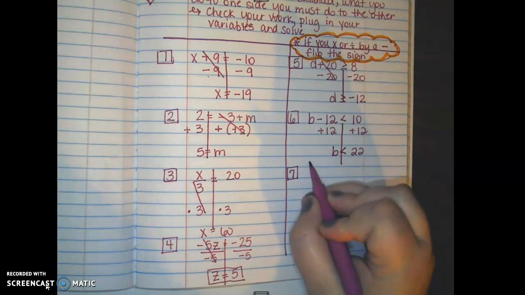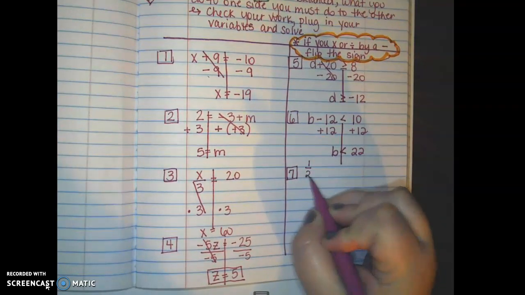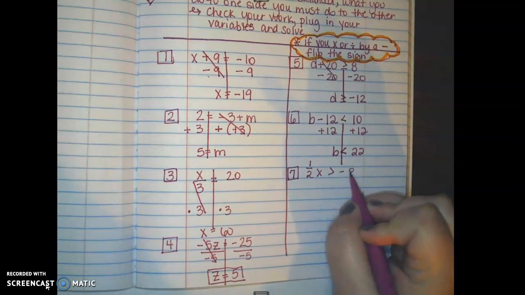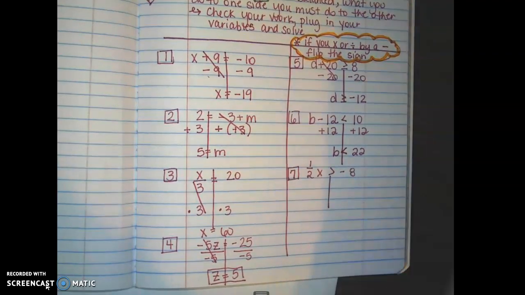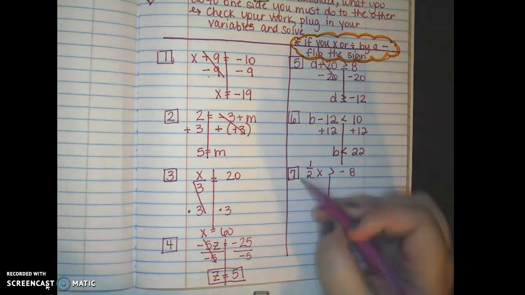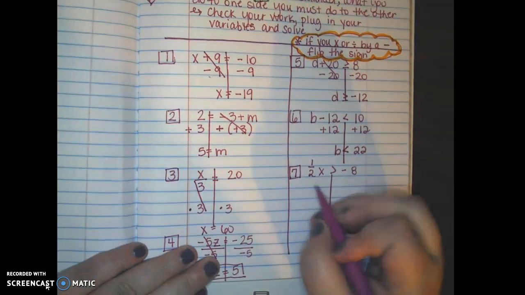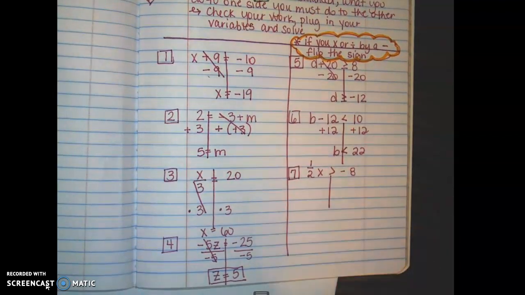So I have 1/2 x is greater than negative 8. Draw a line. All right, that is multiplication. So the opposite of multiplying is to divide. But before we write divide, I'm going to show you a little thing.